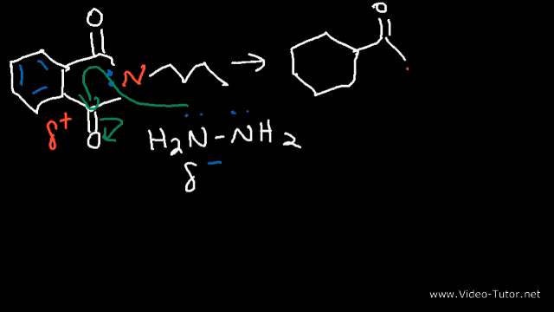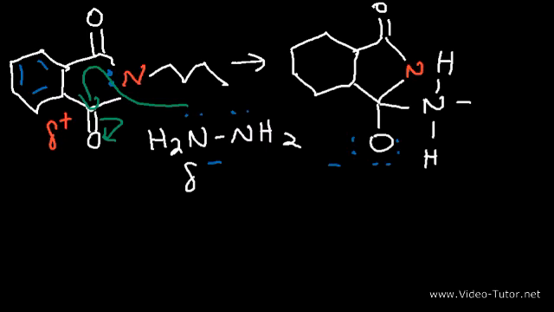And so we're going to get this particular structure. So this oxygen now has a negative charge. It has a single bond, and this carbon is attached to a nitrogen that has 2 hydrogens, which is attached to an NH2. And let's not forget the lone pair that is on this nitrogen, and it still has 4 carbons.